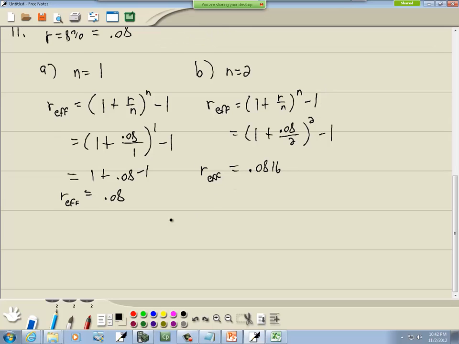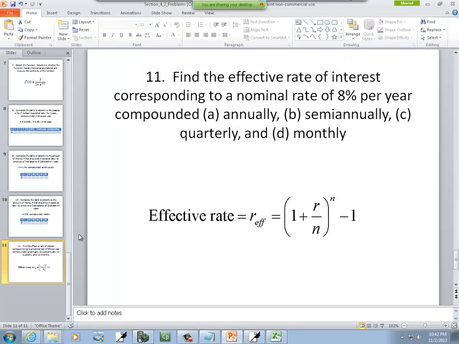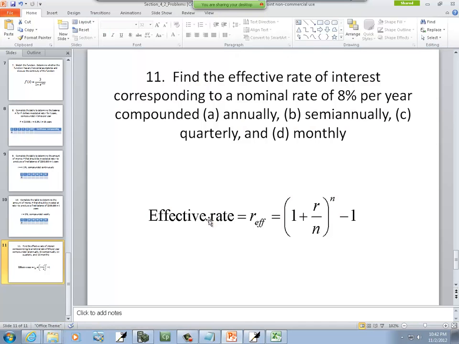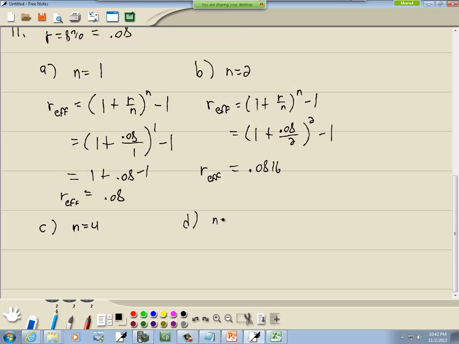And we do C and D also. C is quarterly, so n is 4, and D would be monthly, so n is 12. So our effective rate here would be 1 plus R, which is 0.08, divided by n, which is 4, raised to the 4th power, minus 1.